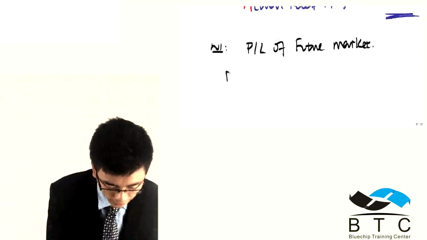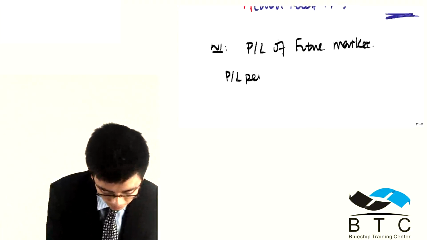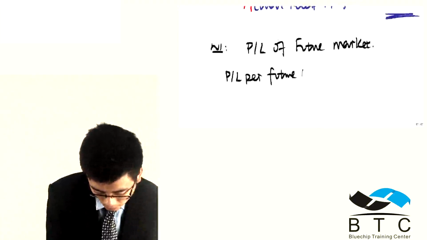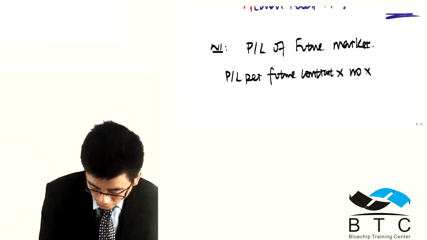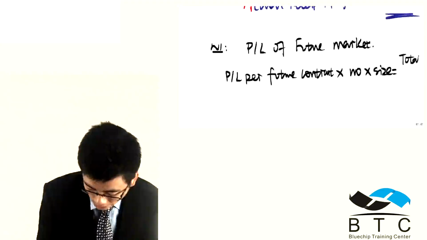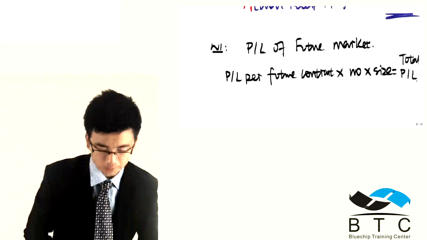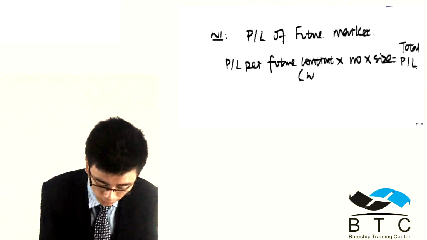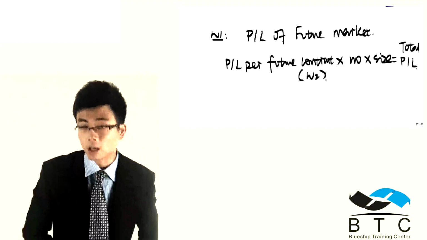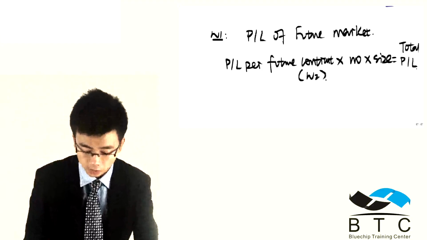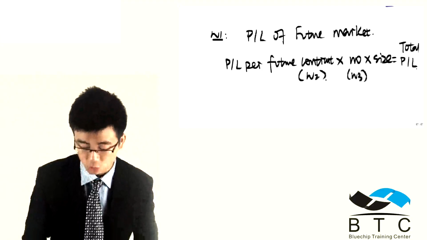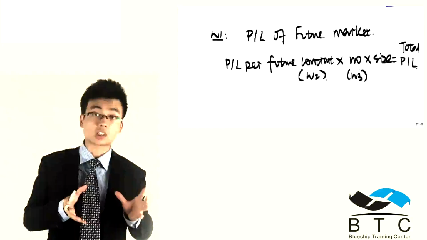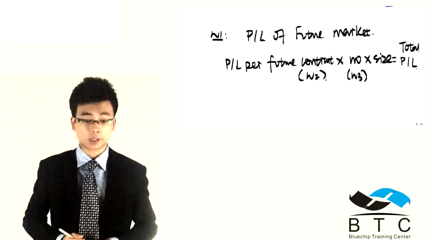So we're going to take the profit losses per future contract multiplied by the number of the contract and multiplied by the size of the contract so that it can give us the total profit losses here. The question is how we're going to calculate the profit losses per futures contract and also the number of the futures contract as well. So we're going to start working number 2 and working number 3 in relation to those.